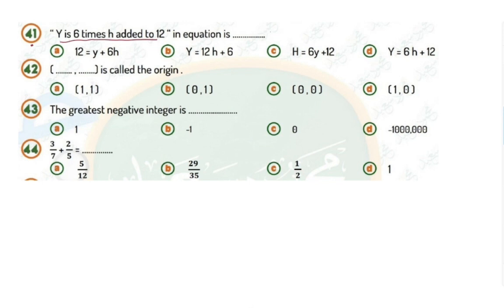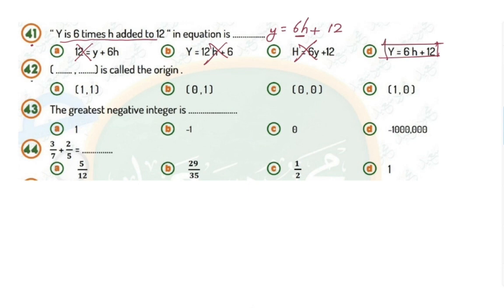Y is, that means y equals 6 times h, that means 6h, added to, plus 12. Now search here: y equals 12h, no, I need 6h. Y equals 6h plus 12 is the correct choice.